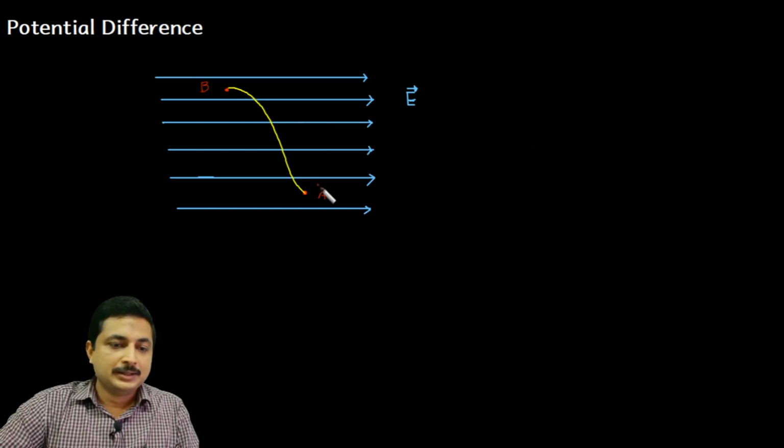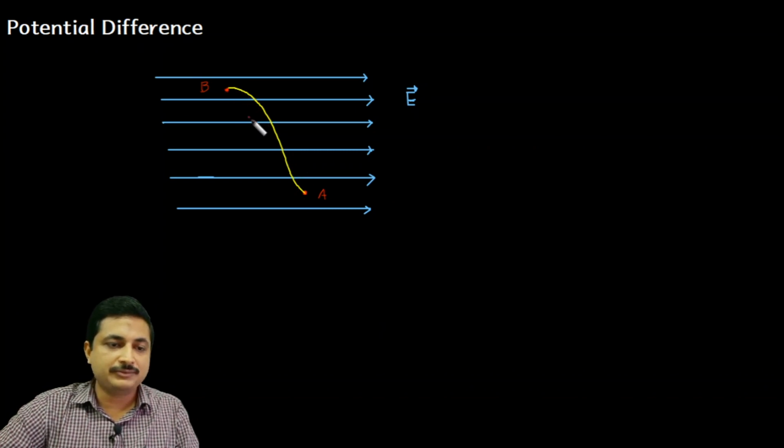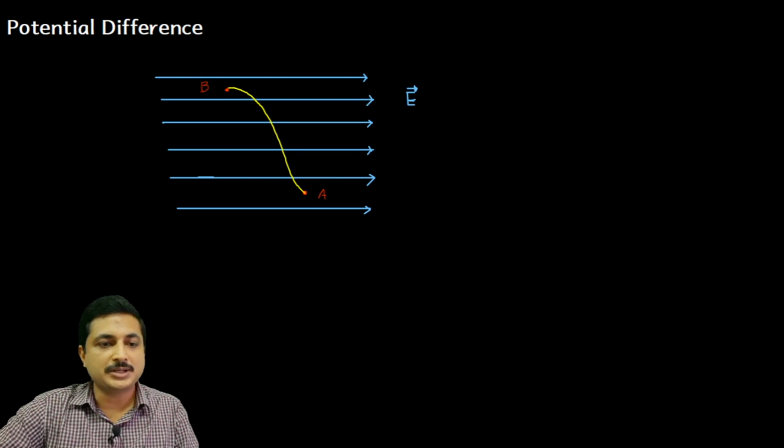So I can write the work done in moving a charge from A to B as the difference of these potentials at these 2 points.